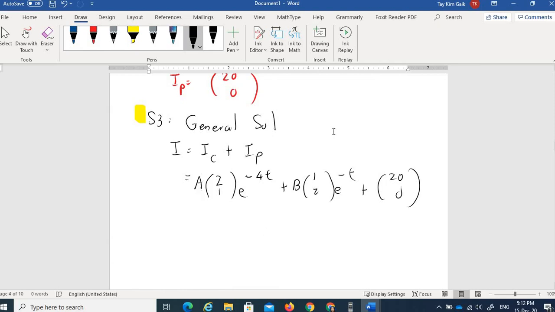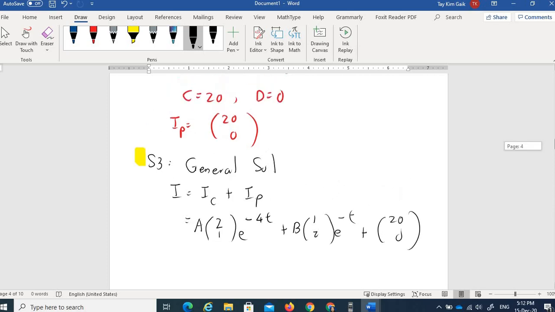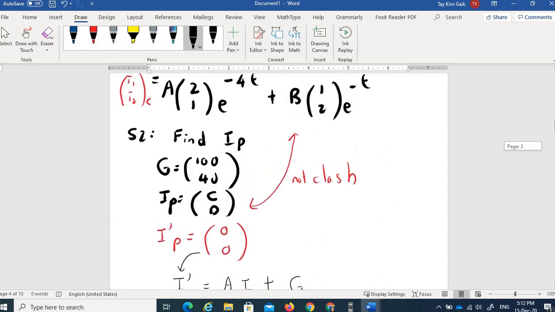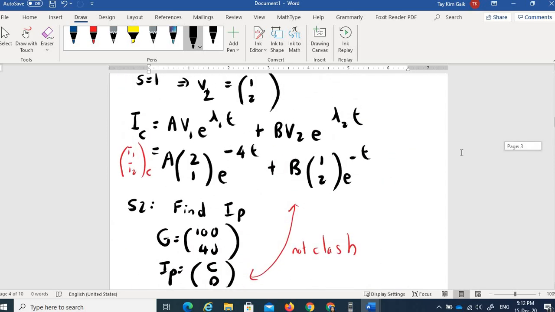The purpose of the initial condition is to solve for A and B, but don't plug in when t is 0, I1 is 0, I2 is 0 into IC here. You can plug into here only provided your equation is a homogeneous system, because then IC is your general solution.